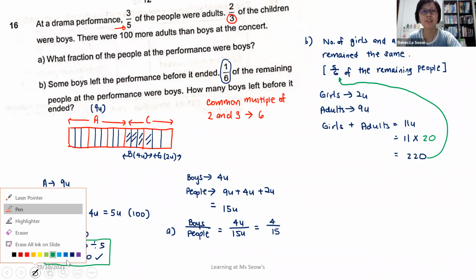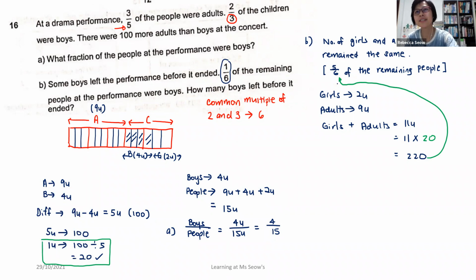So since 5 out of 6 of the remaining people were girls and adults, let's draw this so that you are able to picture it visually. At the end, we have 6 units of people. 5 out of 6 will be girls plus adults.